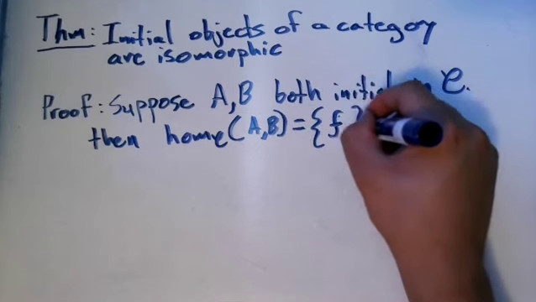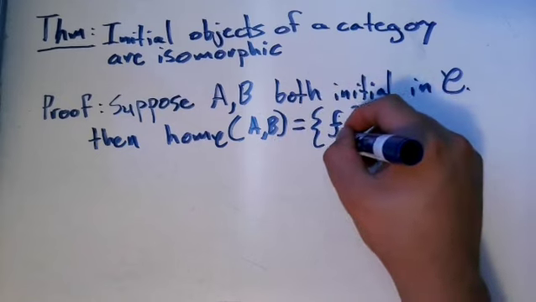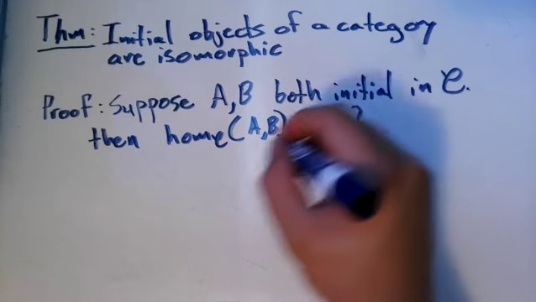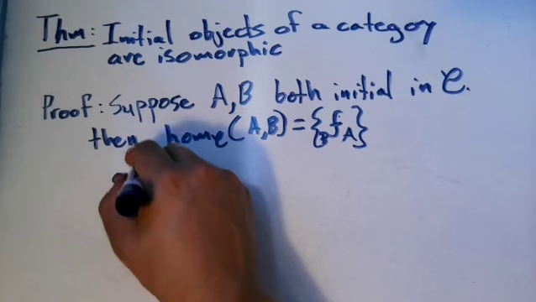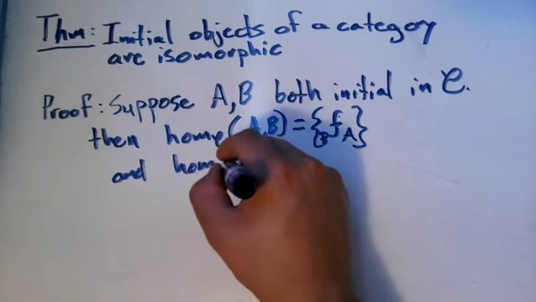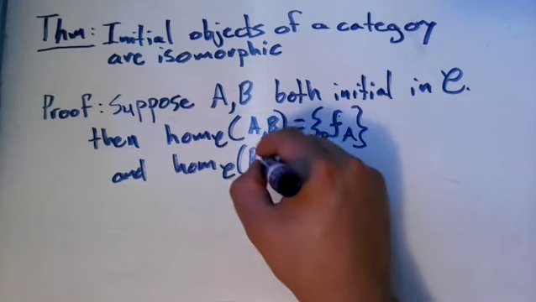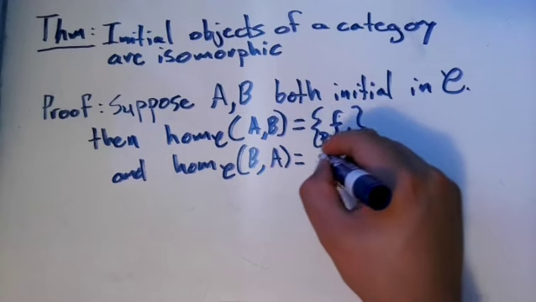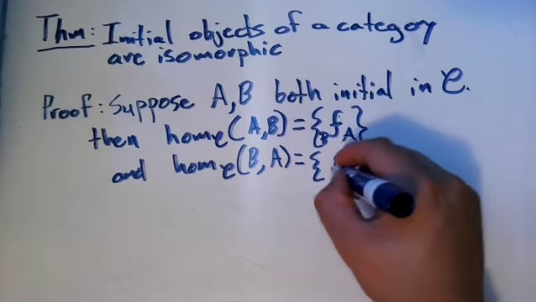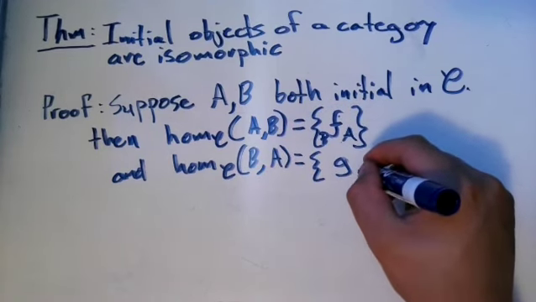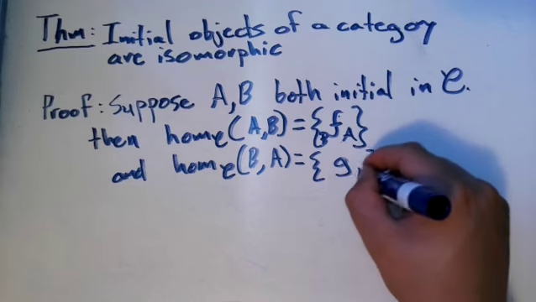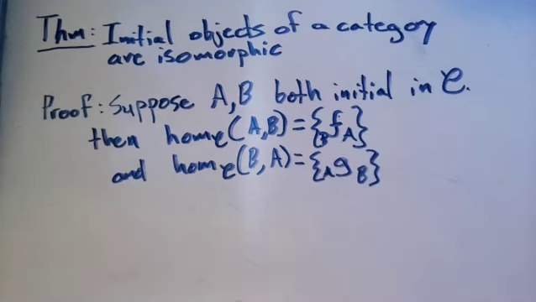Call it F from A to B. And the hom set in C from B to A also has a single morphism. Call it G from B to A.